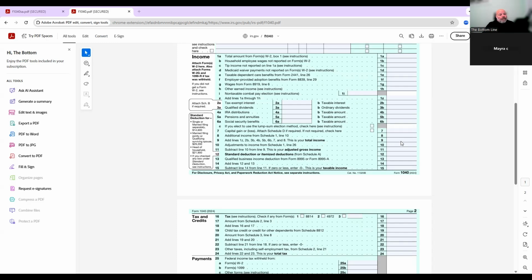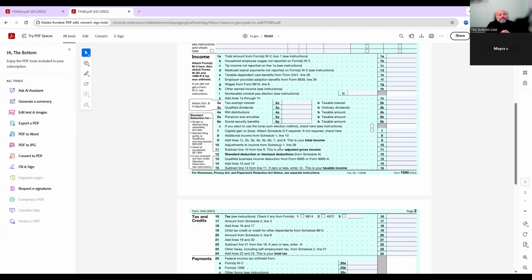We spent a couple of nights on these different sources of income. And then we got here to our total income. And then we talked about our adjustments, which is the second page of Schedule 1. Schedule 1 is 2 pages. First page is income and the second page is adjustments.